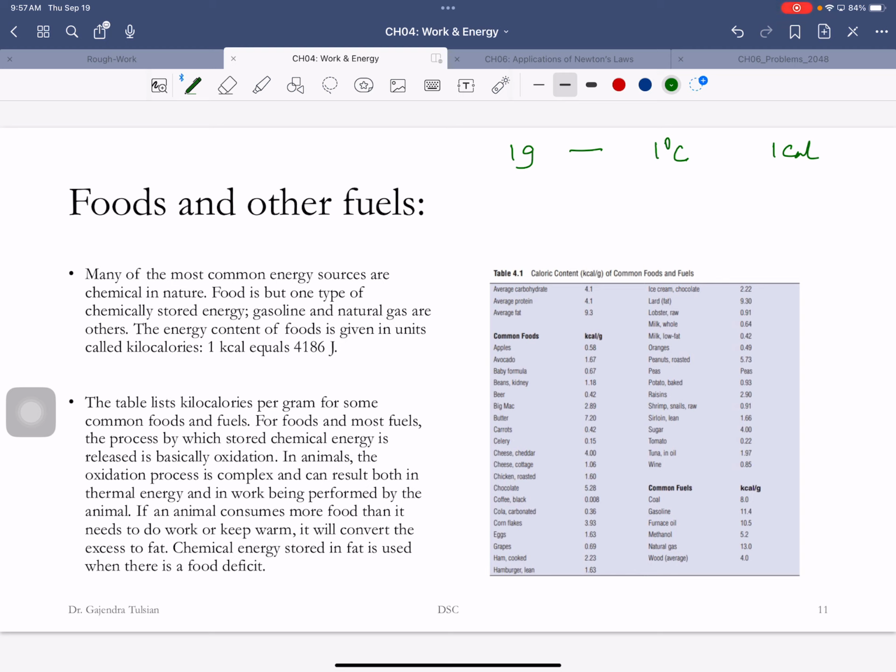The food calorie that you see on a yogurt, where it says 80 calories, is a big calorie, really 1,000 of these little calories. That is a kilocalorie. That's a food calorie, so you just need to be aware of that. A kilocalorie is 4,186 joules.